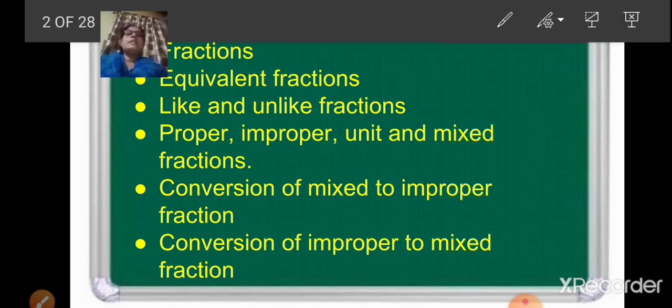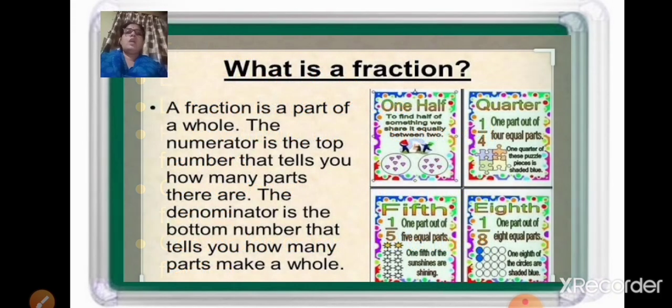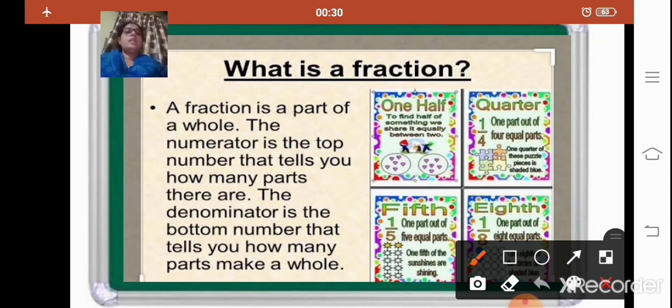Now first, let us understand what is a fraction. A fraction is a part of a whole or a collection. Suppose I write a fraction as 1/2. The number on top is called the numerator, and it tells you how many parts are taken or colored.